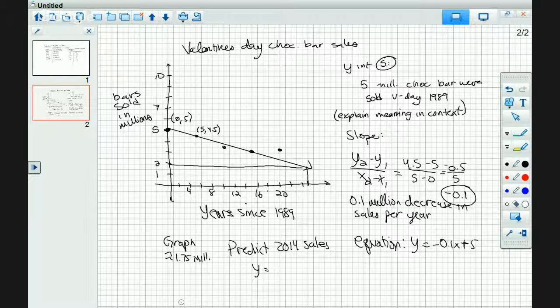See how we did that? And then what about our equation? We can throw that in there for x, because that's what x is, year, right? And then we get 2.5 million.